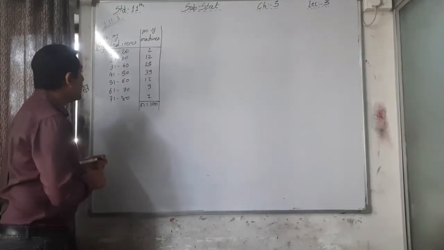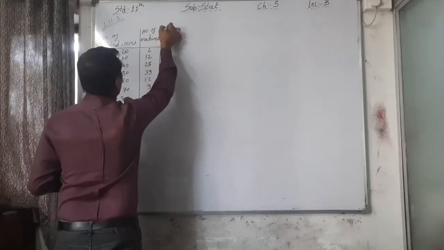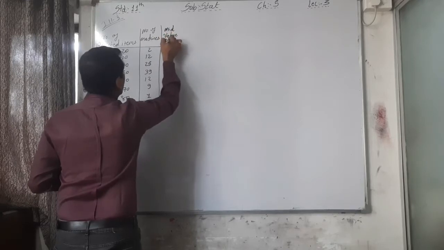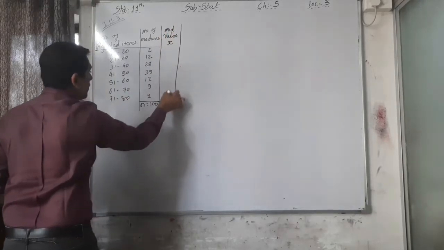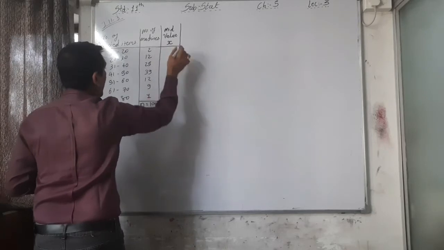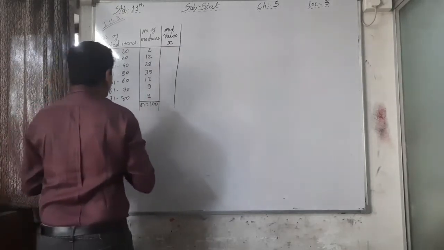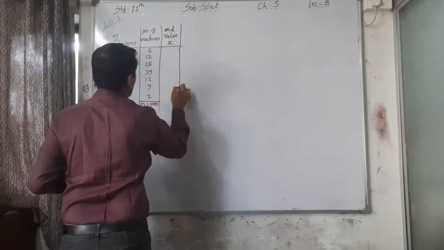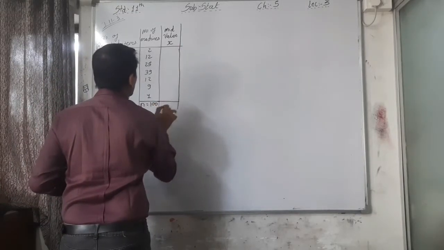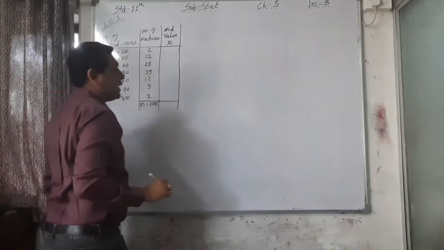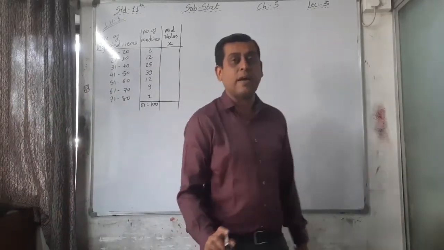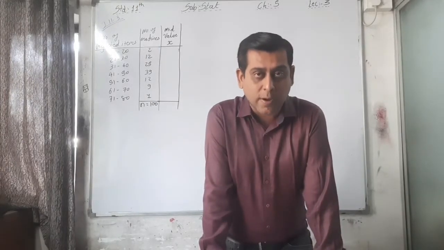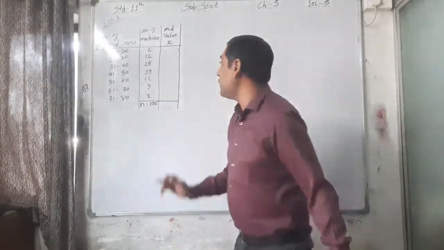So we first find the mid value x, which is 11 plus 20 divided by 2, that is 31 divided by 2, which is 15.5, the mid value.